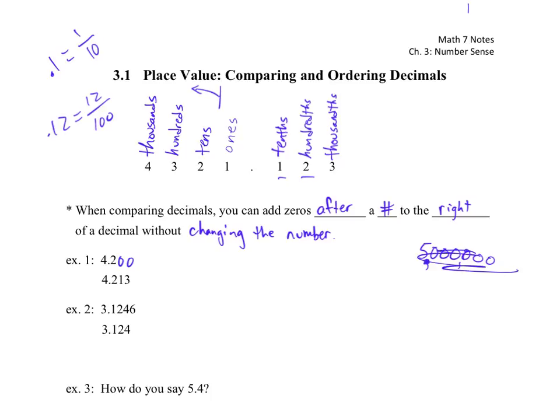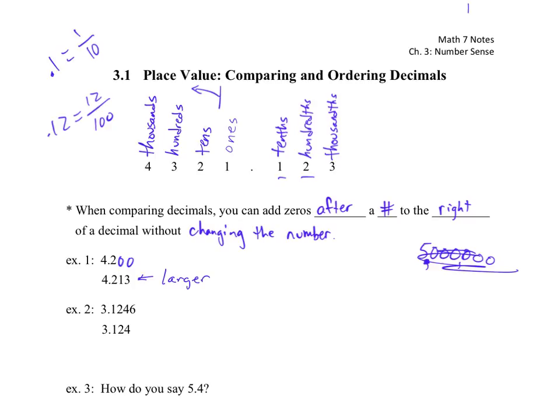So this first one, which number is bigger, 4.2 or 4.213? Go for it. 4.2. But if we add the zeros, what number is bigger, 4.200 or 4.213? 4.213. Yep. So this one here is larger.